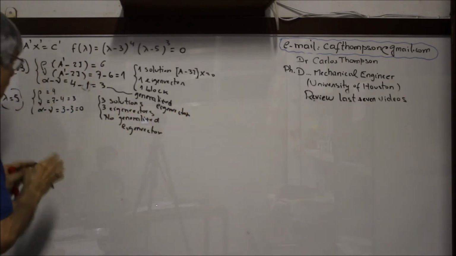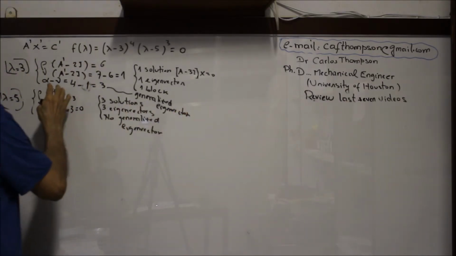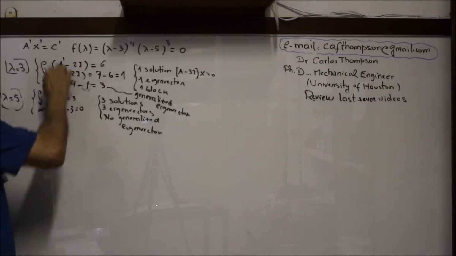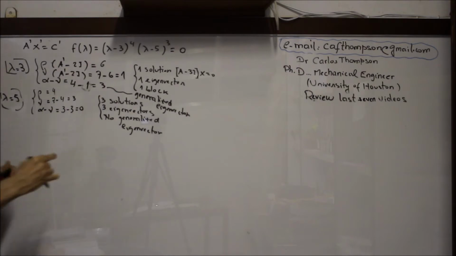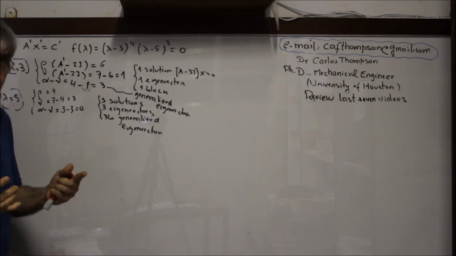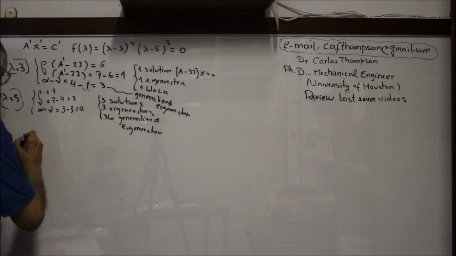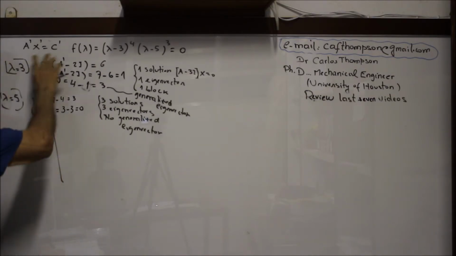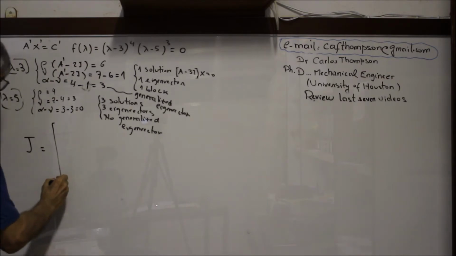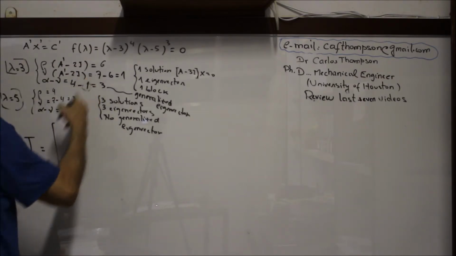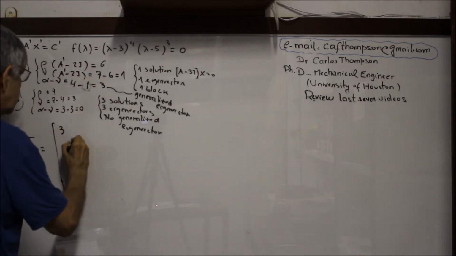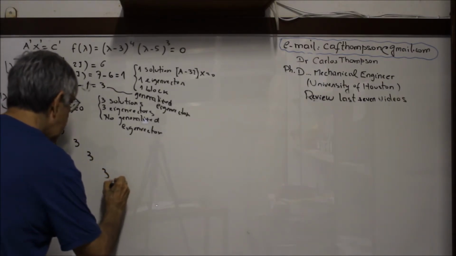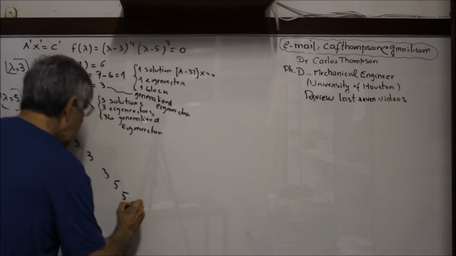Okay. Now, in terms of this parameter here, we will be able to write J. Only in terms of this parameter here. Okay, in the diagonal, we put 3, 3, 3, and 3. Here's 5, 5, and 5.